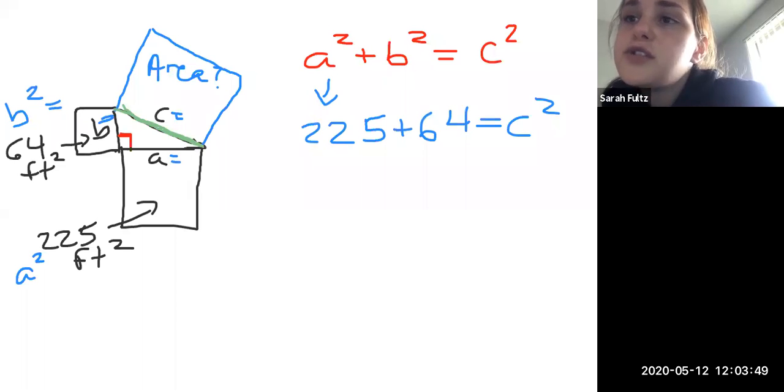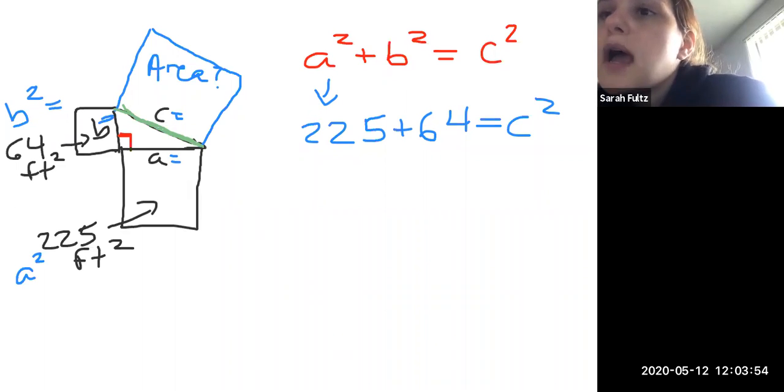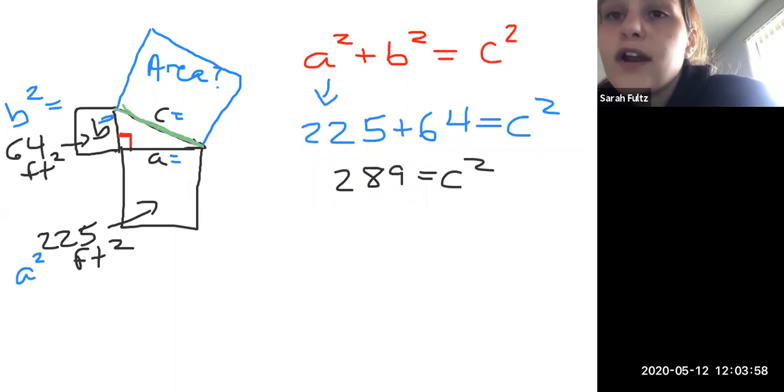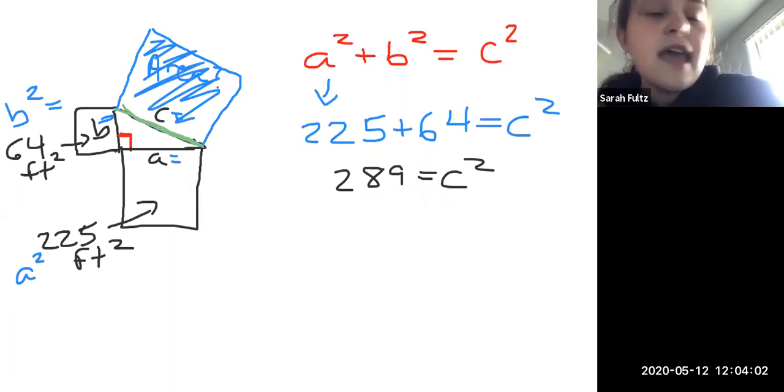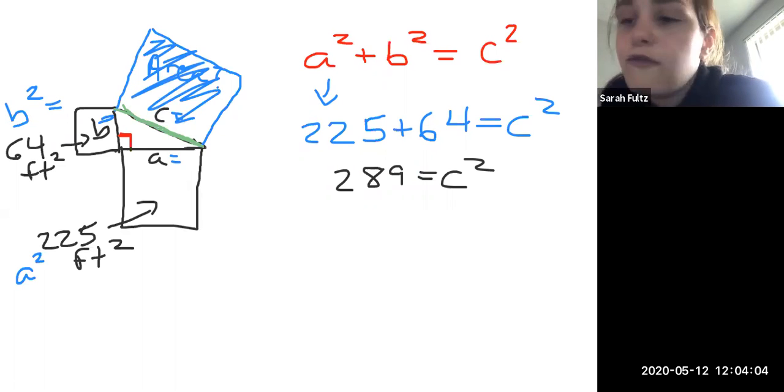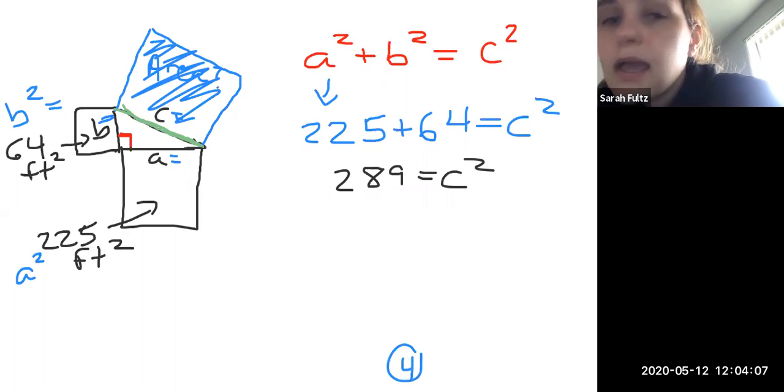All right, so when I do 225 plus 64, I get 289 as my value for C squared. So now this is going to be what this area here is. And that's the bottom part, number 4. Or I should say part 4.